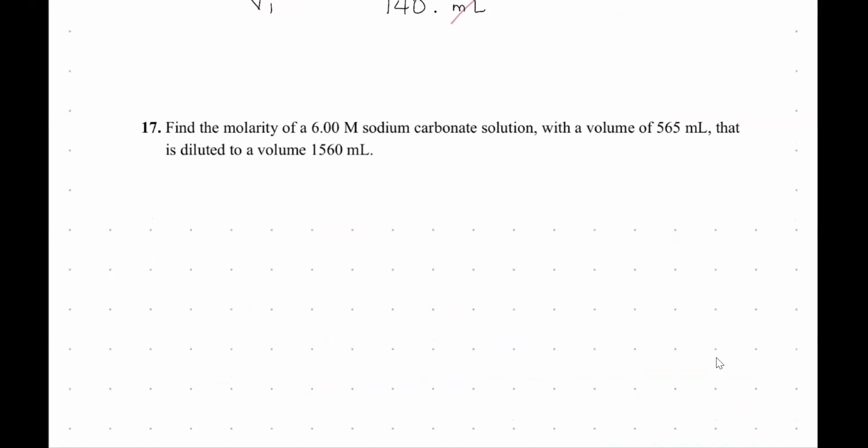So number 17 says, find the molarity of a 6.00 sodium carbonate solution with a volume of 565 that is diluted to a volume of 1,560.